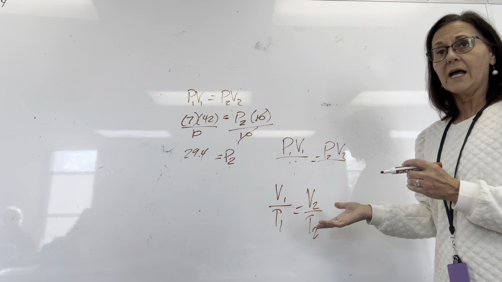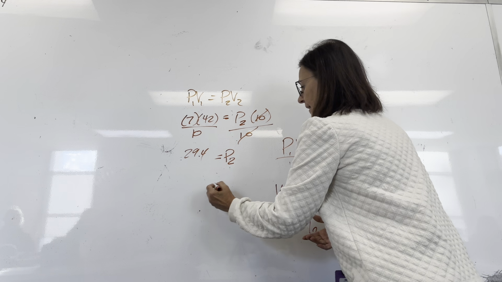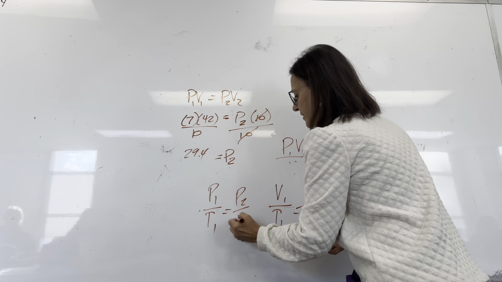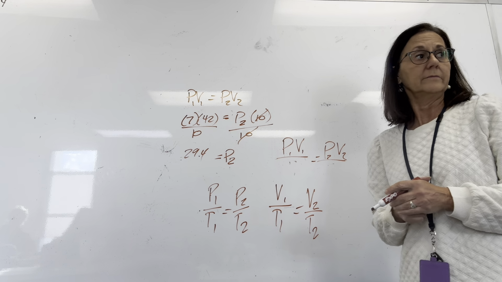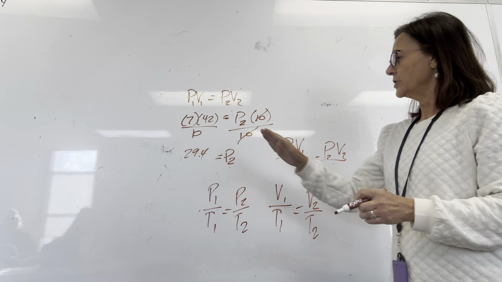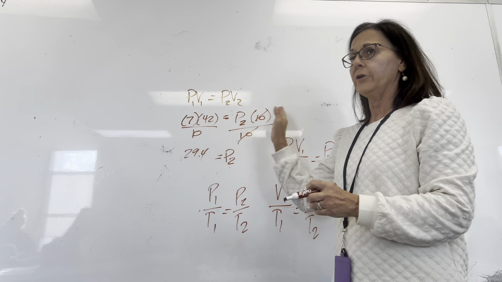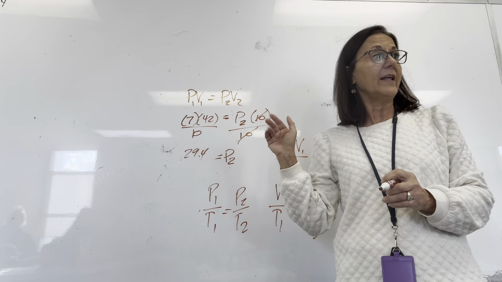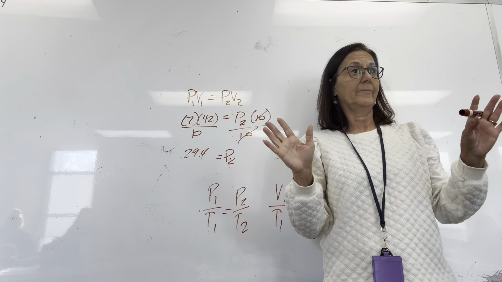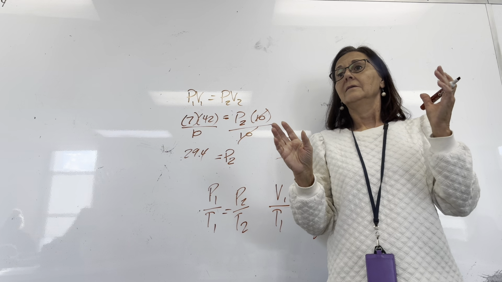If volume is held constant, then it's going to be P1 over T1 equals P2 over T2. And you're just substituting the values in that are given and solving for the one that's not, using basic algebra. Multiplication, division.